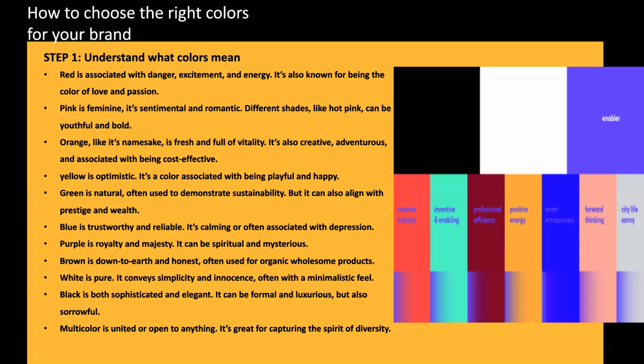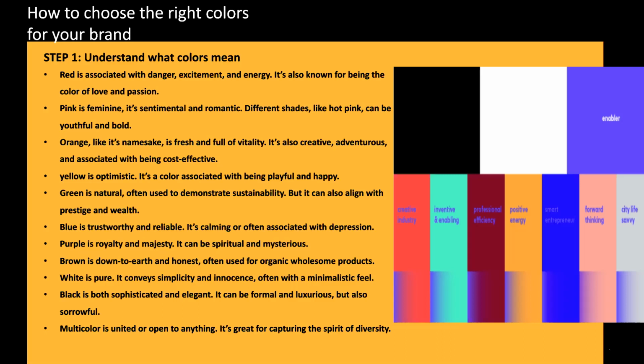Next, we're going to go into how to choose your brand look and how to choose the right colors. The first step is understanding what colors really mean. They say that the first impression really counts, and that color psychology plays into marketing and how you use these colors, because people understand it and they are affected by it emotionally and it elicits feelings.